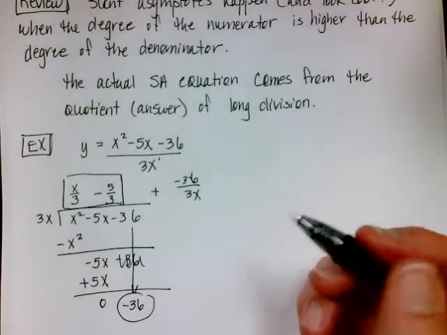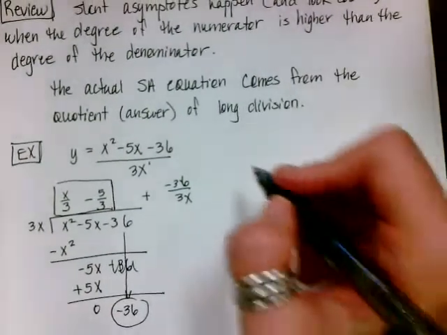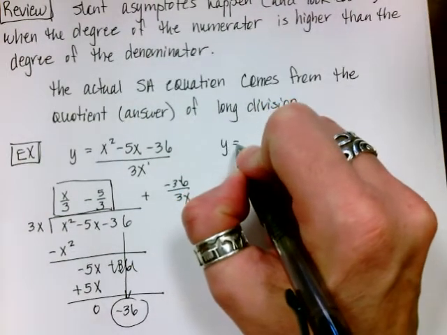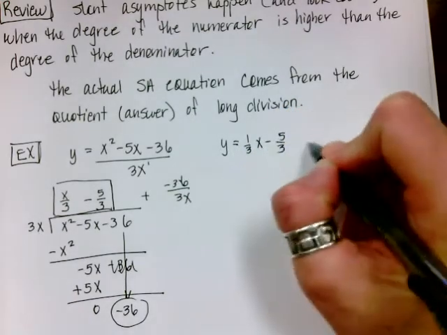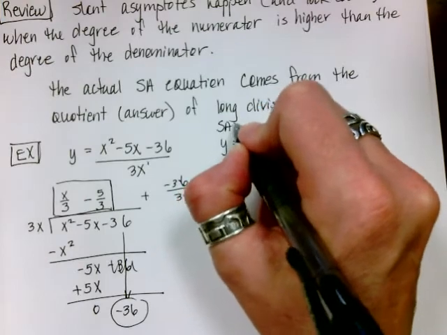Okay, so that's actually going to be my slant asymptote. So I'm going to write y is equal to 1/3 x minus 5/3, and that's going to be my slant asymptote.